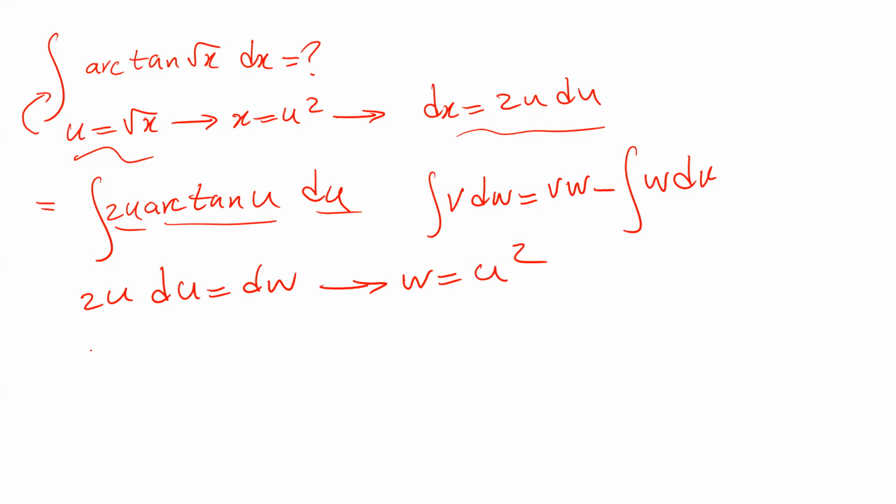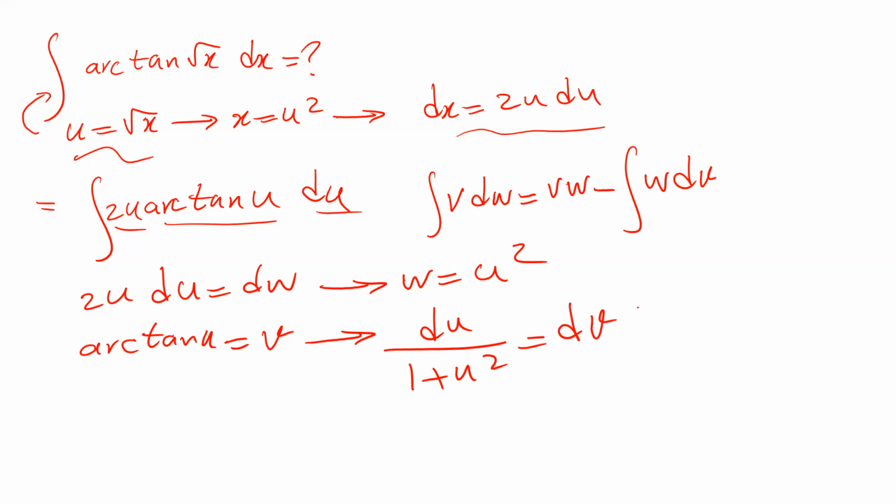And if I define arctangent u as v, and take the derivative of each side of this equation, the derivative of arctangent u is equal to du divided by 1 plus u², which is dv. Now you need to substitute these equations into the formula for integration by parts.